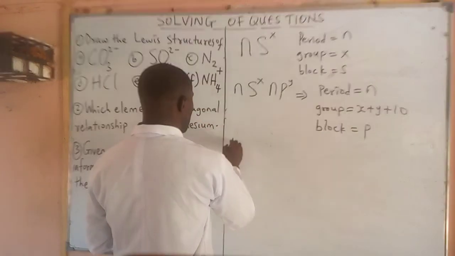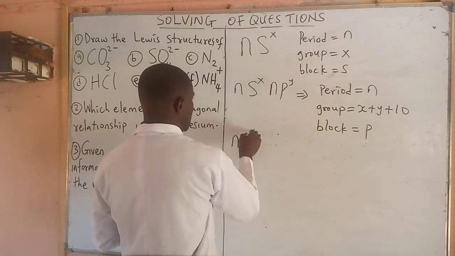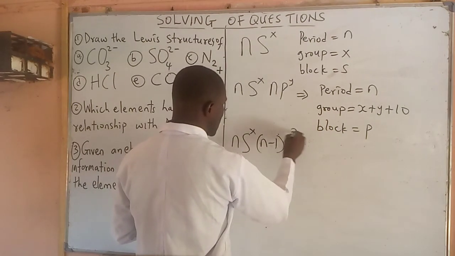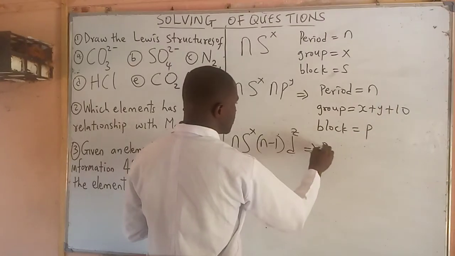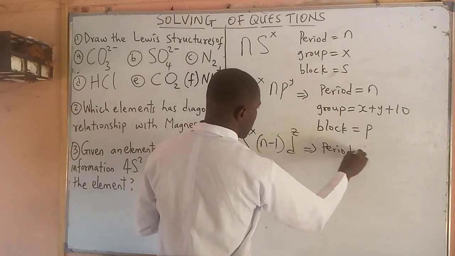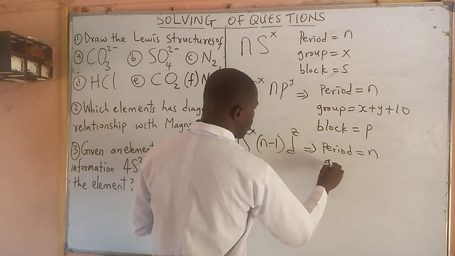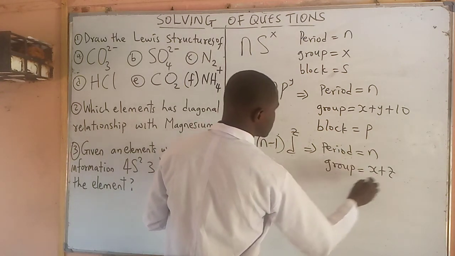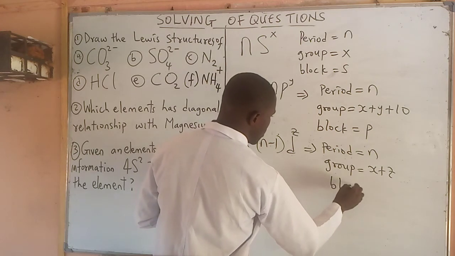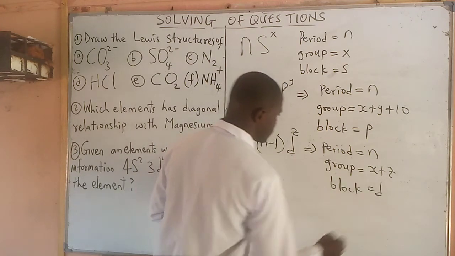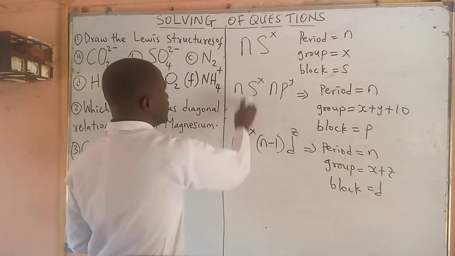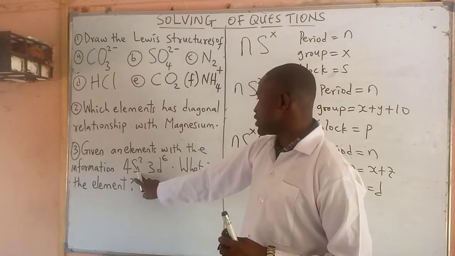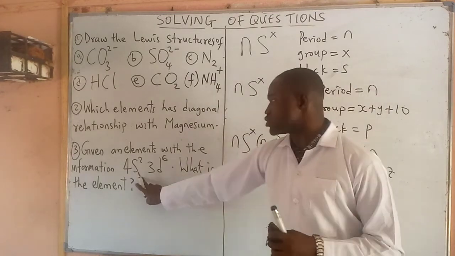Then when they give you ns^x (n minus 1)d^z, tell them that period equals n, group equals x plus z, and block is d-block. Now, one of these three patterns must suit the question. You see, the third one suits this.